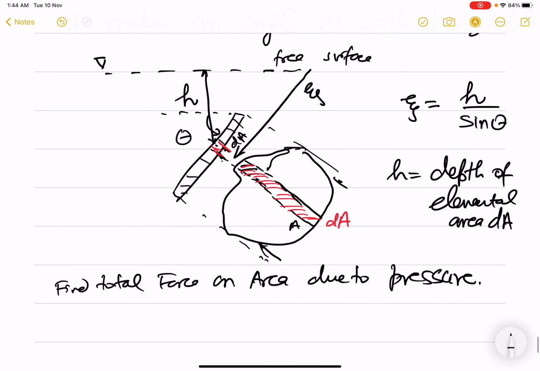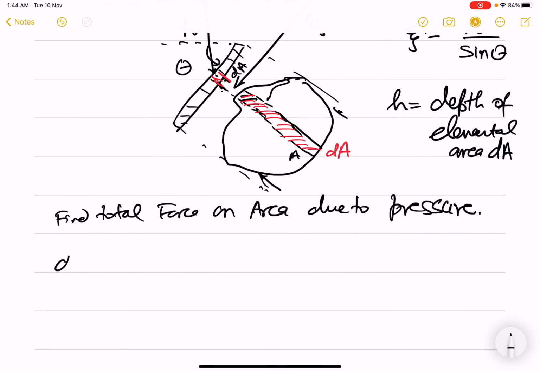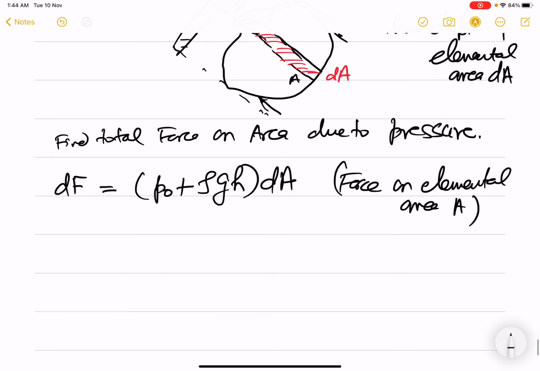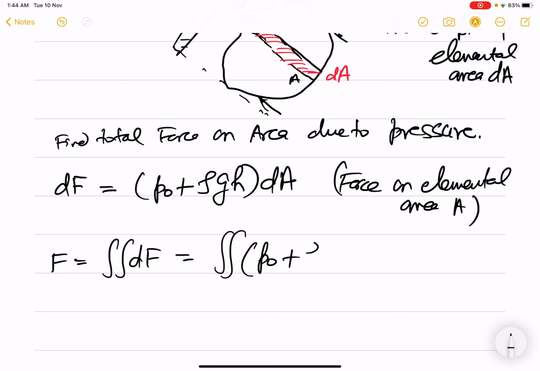So now dF, the force due to pressure on this area, will be equal to P0, which is the pressure on the surface, plus rho g h times dA. This is the force on the elemental area. And the total force F is equal to the integral of dF. So this will be equal to the integral of (P0 plus rho g h) dA.